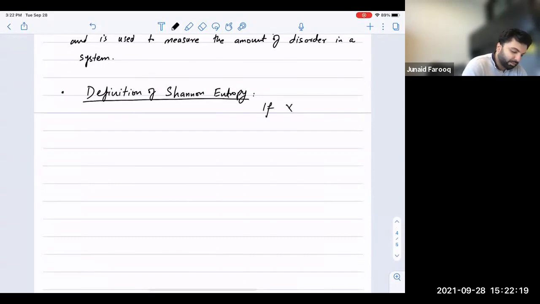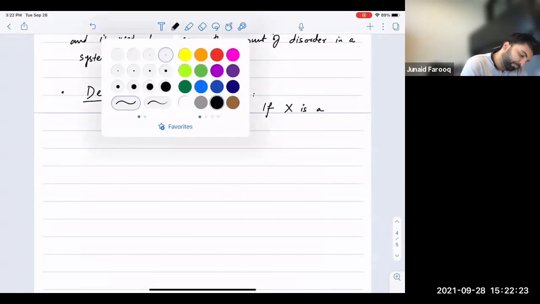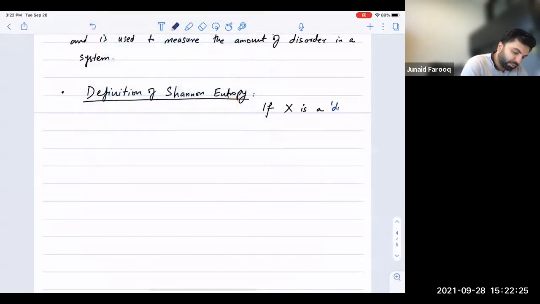So it says that if x is, and remember this is limited to discrete random variables. We also have another definition for continuous ones, but it's a little different.